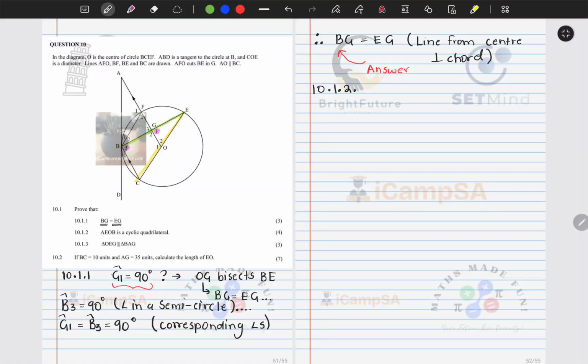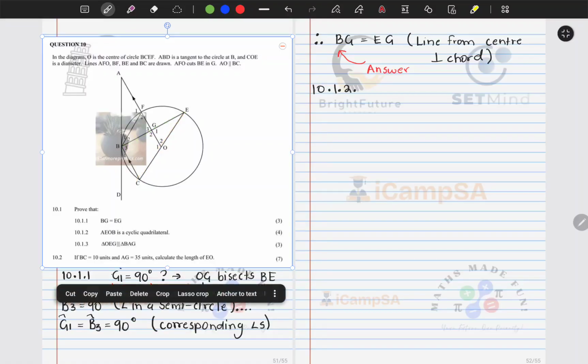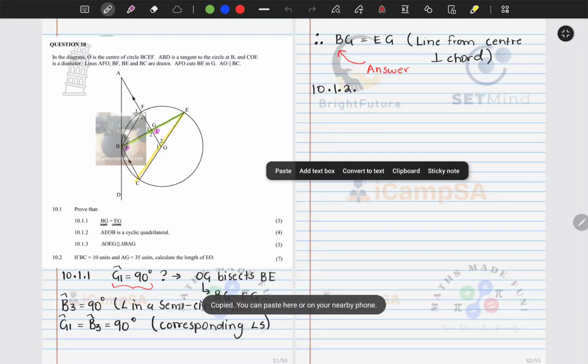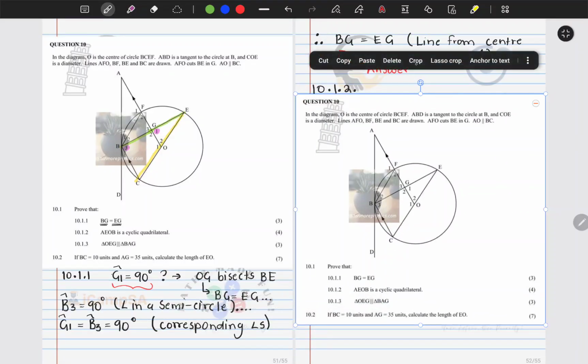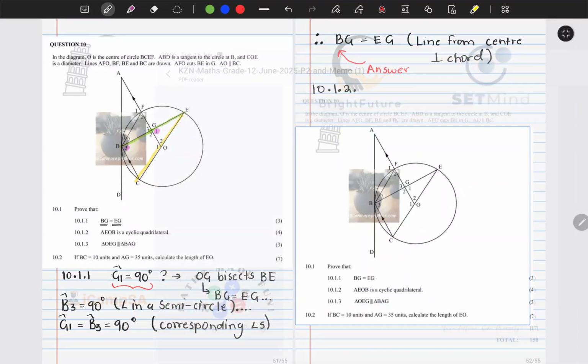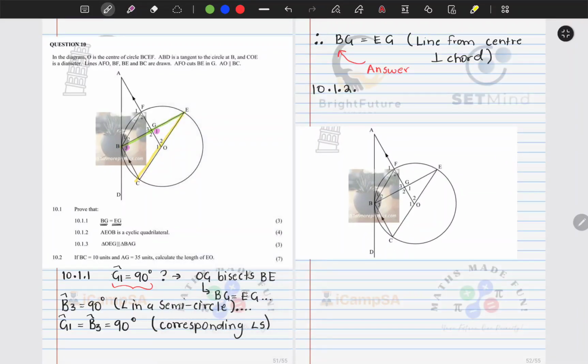So we are required to prove that what we have is a cyclic quad. So let me quickly just focus on this here.